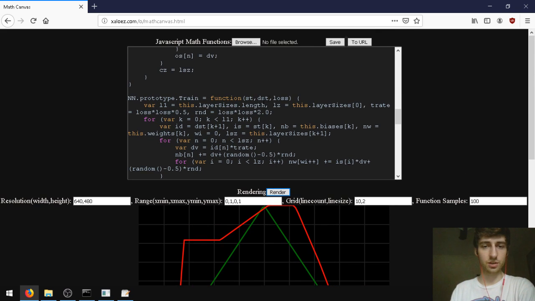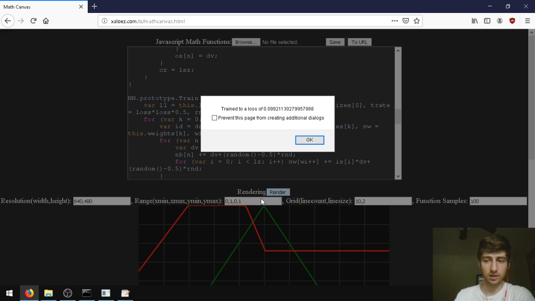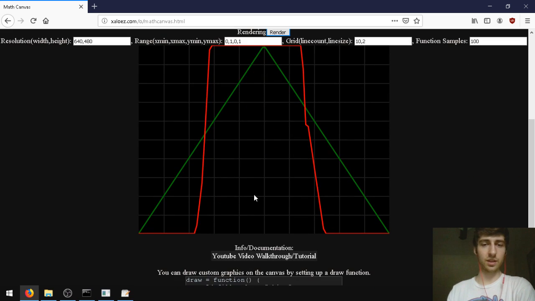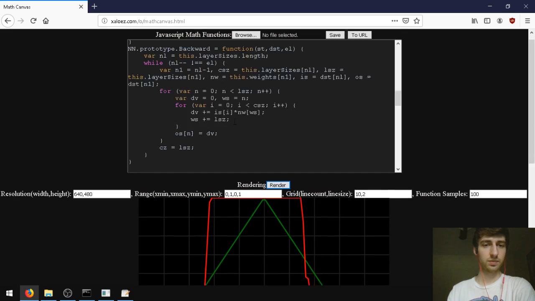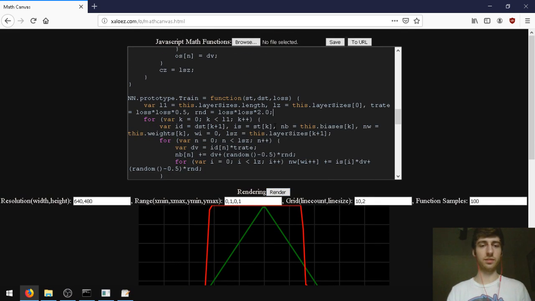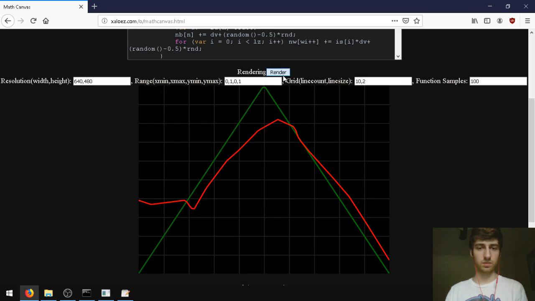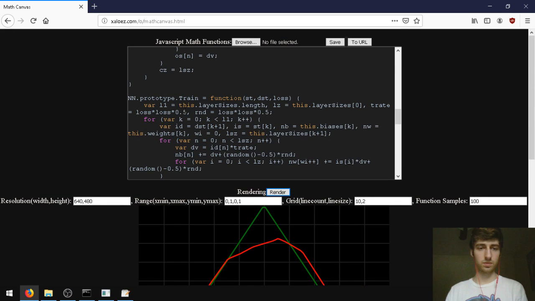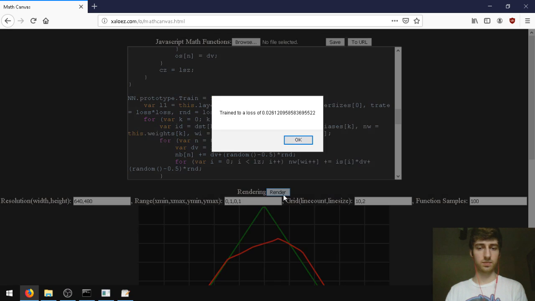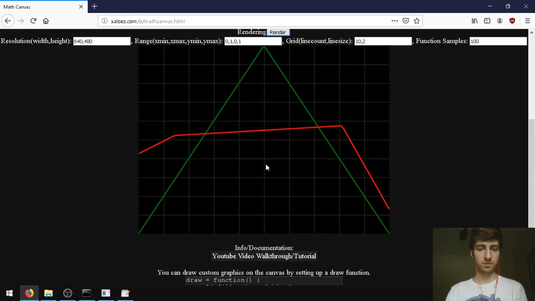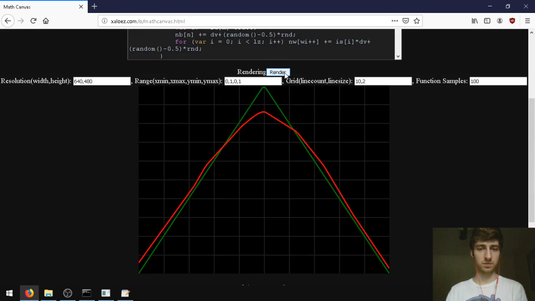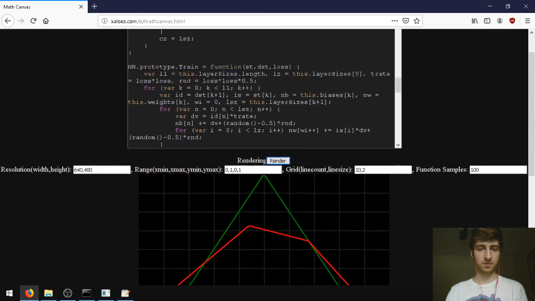I'm also thinking I should train one layer with more of a learning rate than the other. So that's definitely too much random. So interesting.